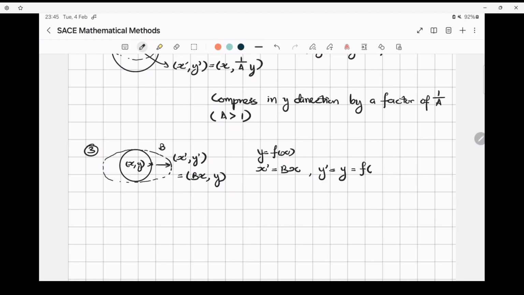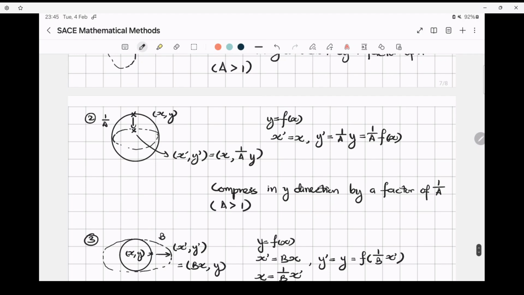So how would you do it? Basically, from this equation, you can write x equals 1 over b of x prime. So then over here, your y prime will be equal to f of 1 over b x prime.